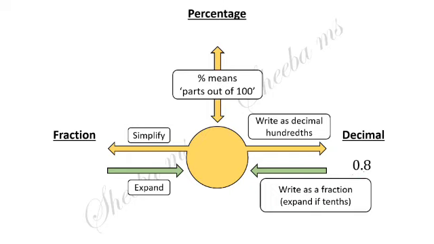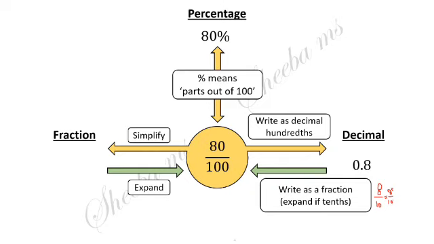So 0.8 means 8 by 10. 8 by 10 means it is equal to 80 by 100. So that means 80 by 100, it is 80%.